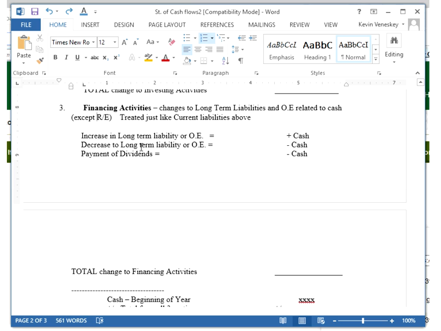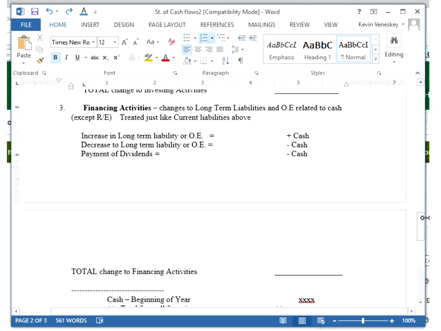And then the other aspect of retained earnings is your dividends. And as you're going to see in this section here, we're going to take care of dividends in its own place. So we don't use retained earnings because the change amounts were already used elsewhere in the statement of cash flows.